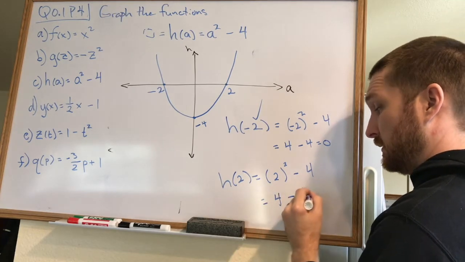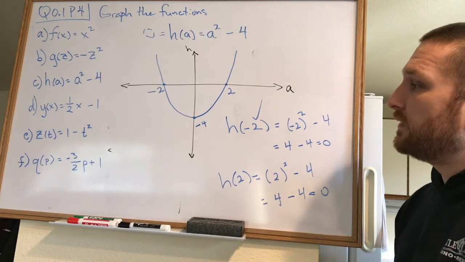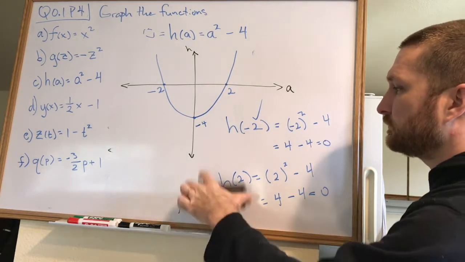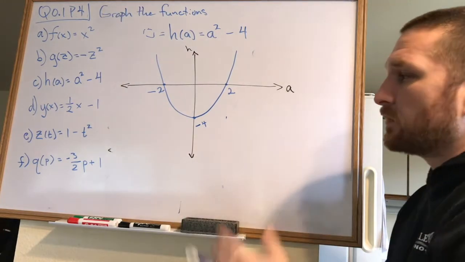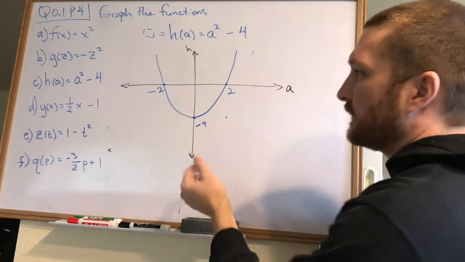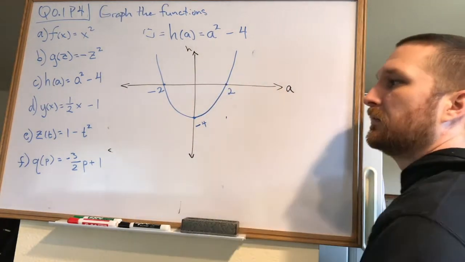Minus 4 does in fact equal 0. Okay, so we're good to go. That is what I'm looking for right there. That's the picture. I don't care if this is about the same length as that. This is a qualitatively accurate picture.